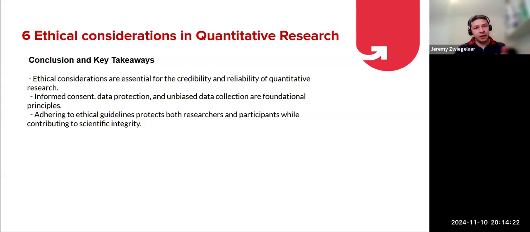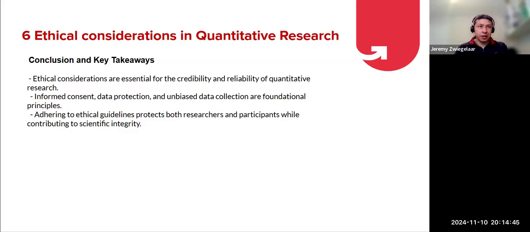So in terms of the conclusions for the session, the ethical considerations are essential for credibility, reliability and validity, right? You need to establish that you have provided and secured informed consent through the forms that you need to get filled out. You are going to ensure a process of data protection.